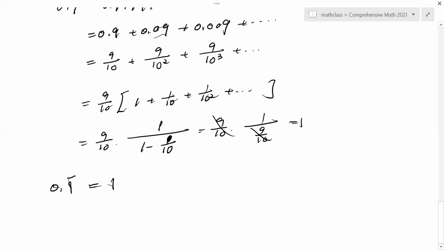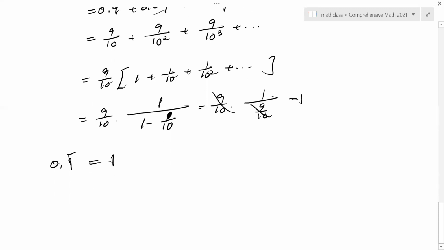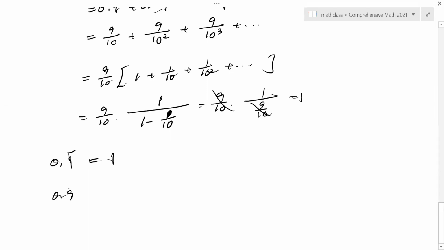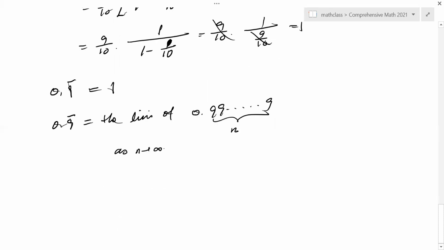When we talk about infinitely many terms, it really means the limit, a constant. 0.9 bar is the limit of 0.999 with n many digits, as n approaches infinity. This is about the digit stuff.